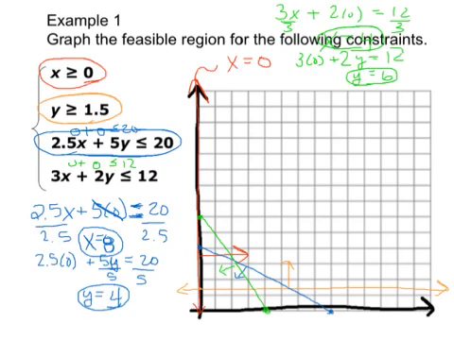So it looks to me like our shading, which we'll do in purple, is going to be in this area right here. Okay, that took 5 minutes.